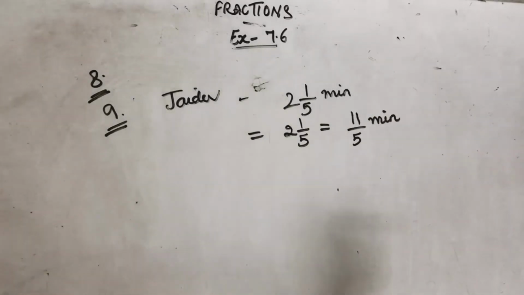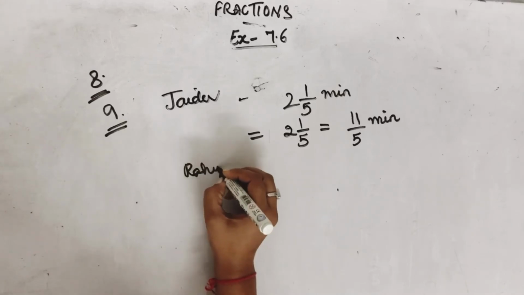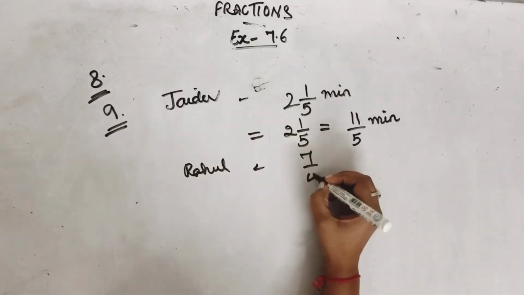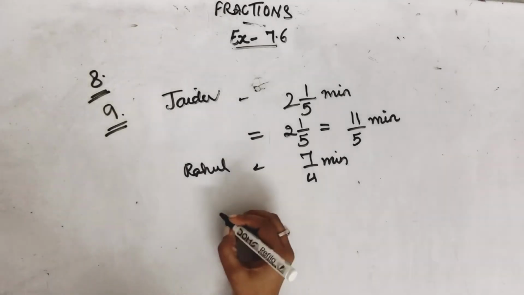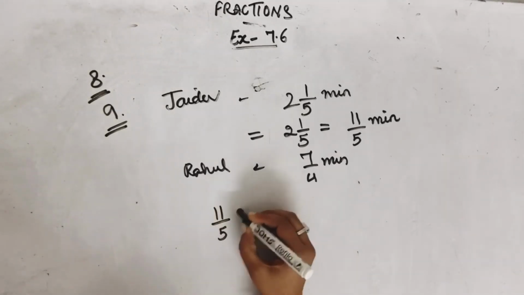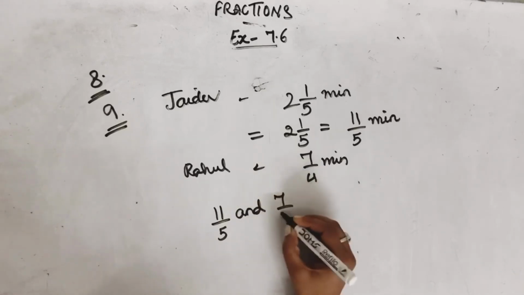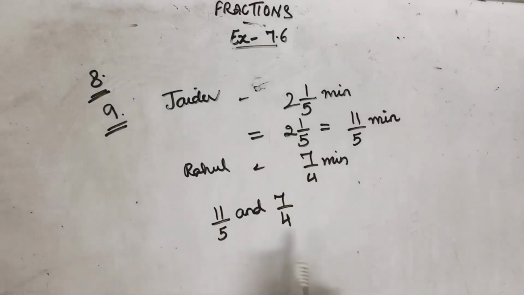Rahul takes 7 by 4 minutes. Time taken by Rahul is 7 by 4 minutes. Who takes less time and by what fraction? First you have to tell who takes less time. It means you have to compare both the fractions. To compare the fractions, first you have to convert them into like fractions.